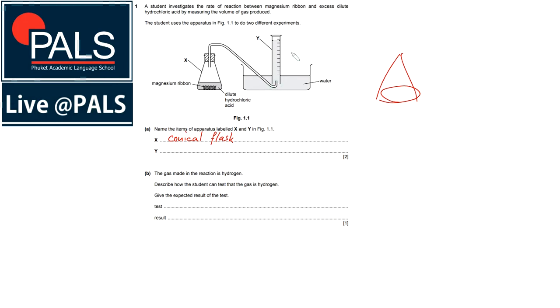Y is a measuring cylinder. And here as well, the shape itself, this kind of shape, is a cylinder, so therefore a measuring cylinder.